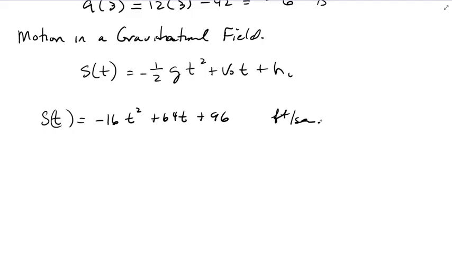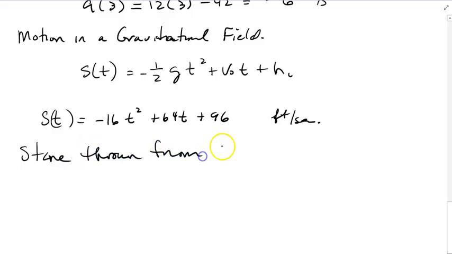So we have an initial velocity of 64, and what we're representing is a stone thrown from a bridge into a river.